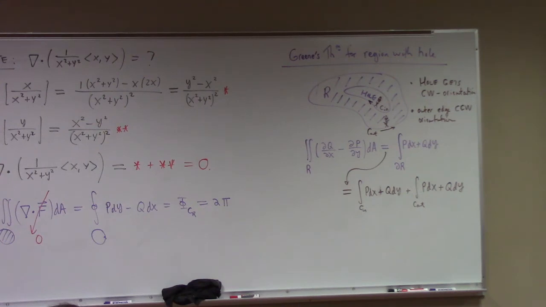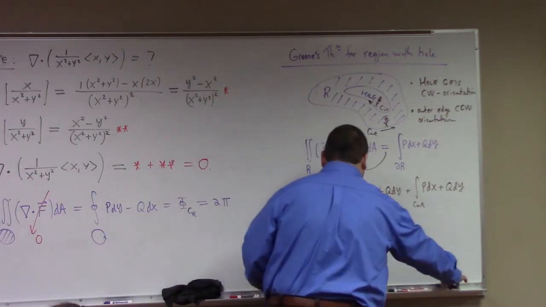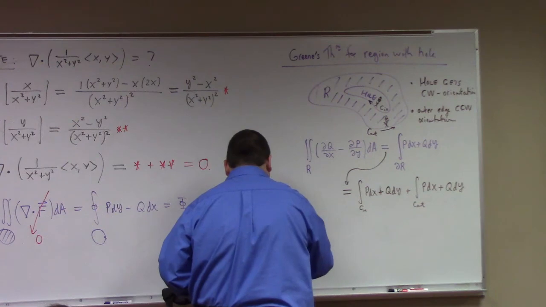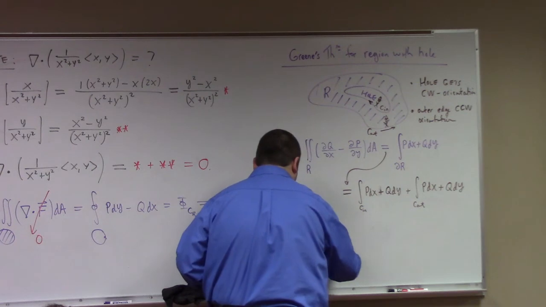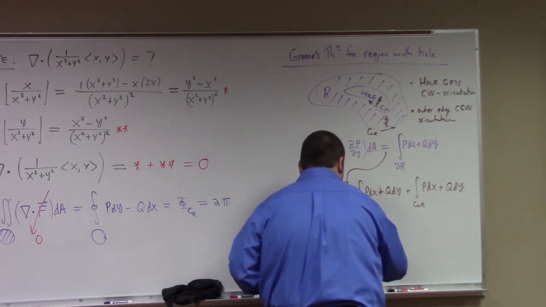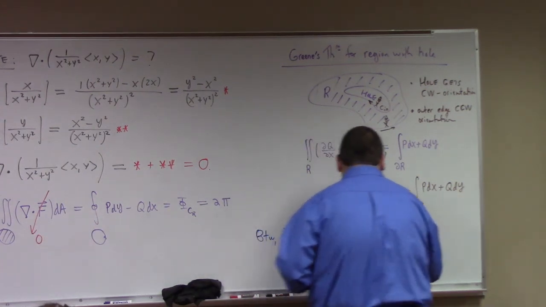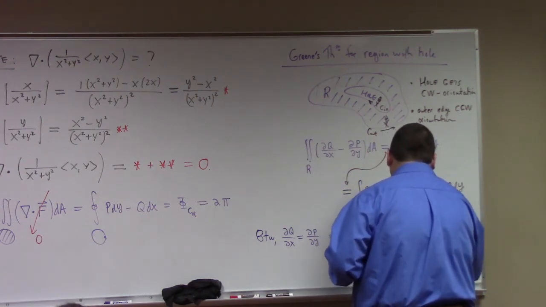Hey, what would happen if partial q partial x was equal to partial p partial y? What would this tell us? That would give us that the integral of the vector field in the inside part with a minus would be equal to the integral of the vector field in the outside curve.